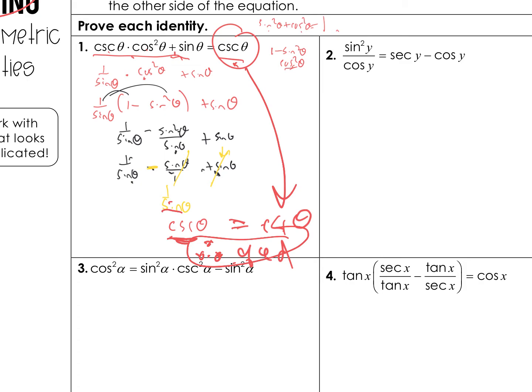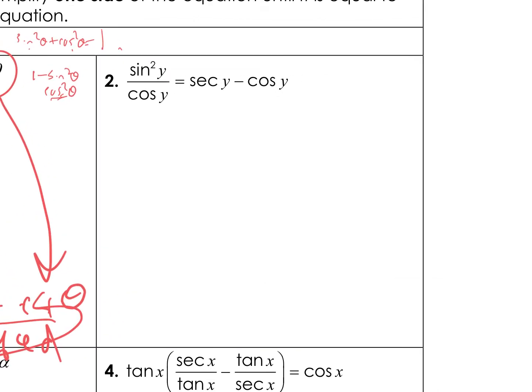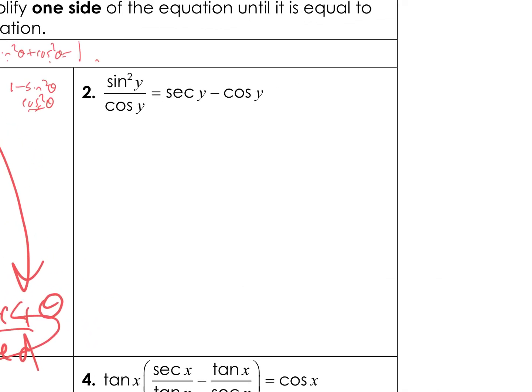Wait, so what's the answer? Now, the answer was proving that the left side is the right side. That is the answer. When they match, then you know you got it right. This is not like there's a final answer. In fact, if I look at number 2, and assuming that it is true, why would they give it to us if it's not true? They want us to prove it, verify it.